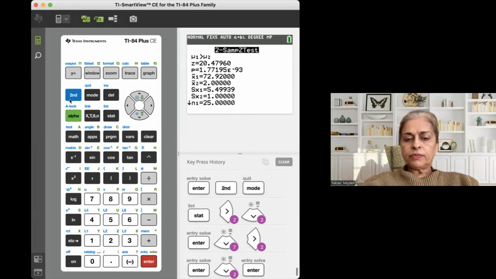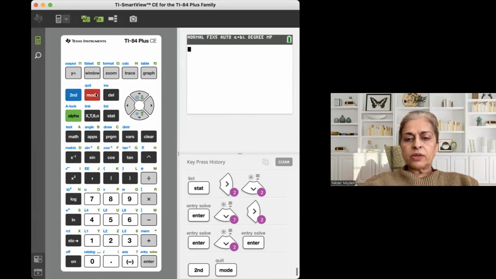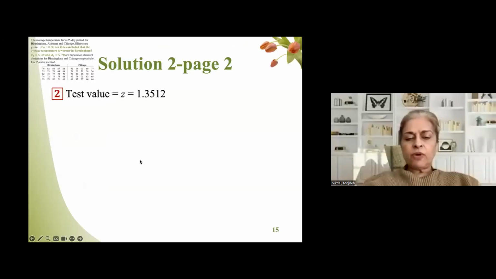But when I did it properly, my test value Z was 1.3512. My P value was 0.0883.